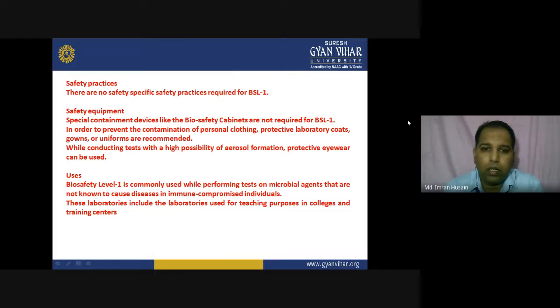For example, if any pregnant lady is there or any individual whose immune system is not up to the mark, they all can come and go from the laboratory. There's no risk involved. These laboratories include the laboratories used for teaching purposes in colleges and training centers. The main purpose is to give individuals good hands-on training of basic microbiological techniques and biotechnological techniques that are involved all over the place.